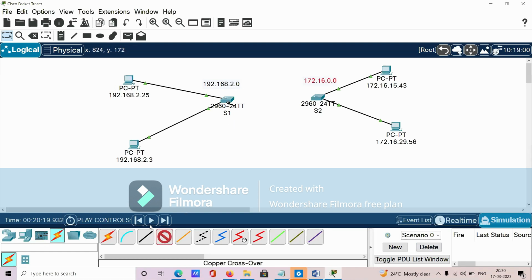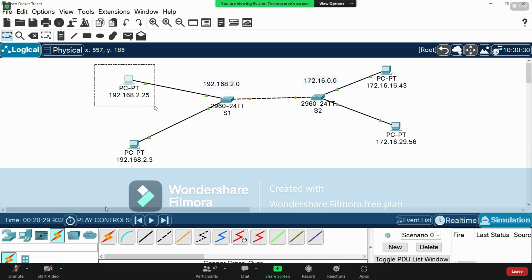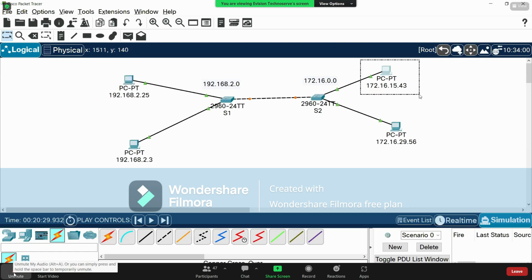What if I connect both the switches? The moment I connect both the switches, what is going to happen? Let me put the question the other way. Will this machine, which is 172.16.2.25, be able to communicate with this machine, which is 172.16.15.43?